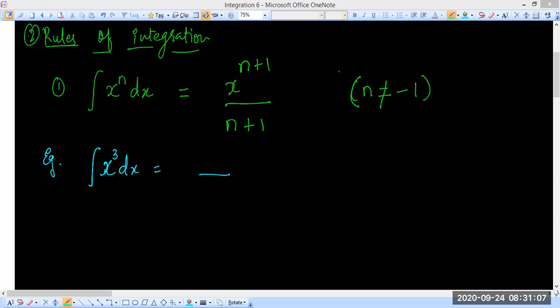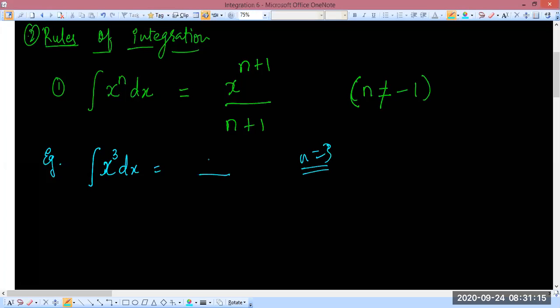Yes, well done, Ananya. n is 3. I hope everyone realizes that. So this answer will be x raised to 4 upon 4. Is this clear? This answer will be x raised to 4 upon 4.